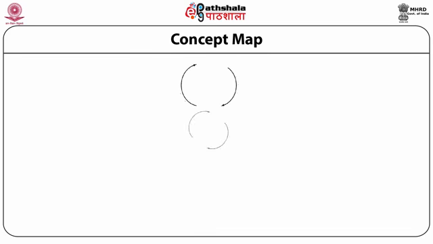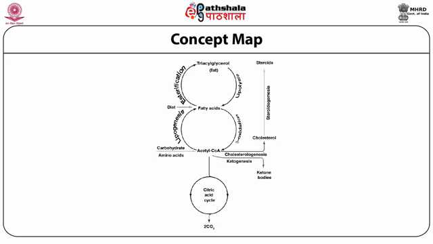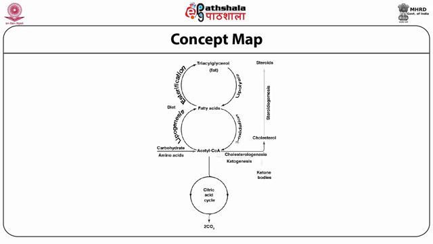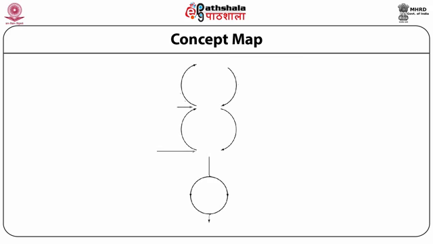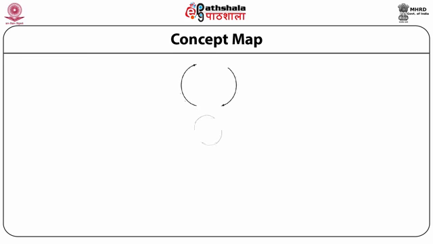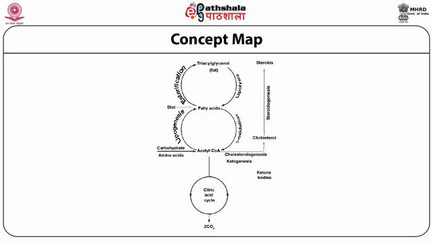Acetyl-CoA is not only produced in the cells through beta oxidation, but also by the metabolism of the carbohydrate as well as amino acids. Acetyl-CoA also undergoes ketogenesis, as a result of which ketone bodies are formed.